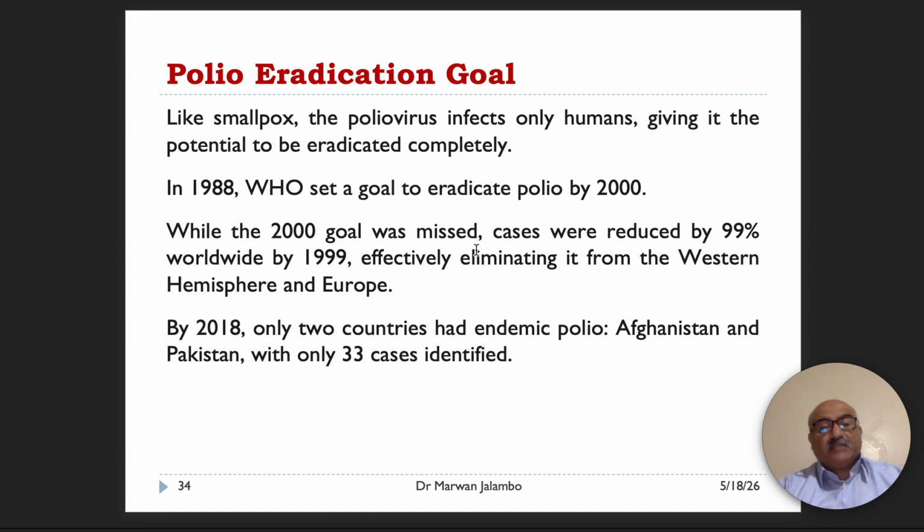While that goal was not met, annual polio cases were reduced by 99% worldwide by 1999, effectively eliminating it from the Western Hemisphere and Europe. By 2018, only two countries had endemic polio: Afghanistan and Pakistan, with only 33 cases identified. So, why haven't we crossed the finish line?